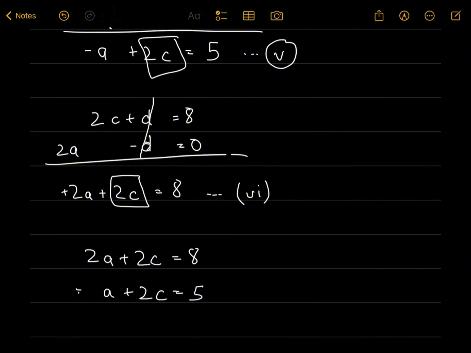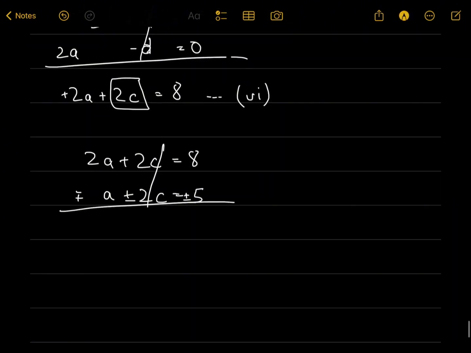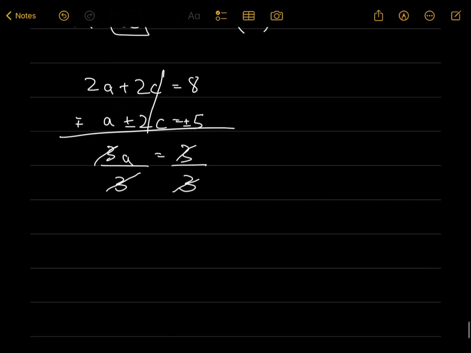So it's subtracting, so change the signs. These will cancel, and here we get 2 plus 1 is 3A, which is equal to 3. So 3 divided by 3, and here we get A as 1.